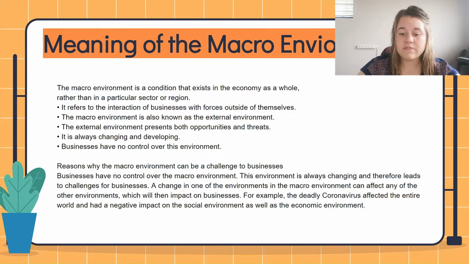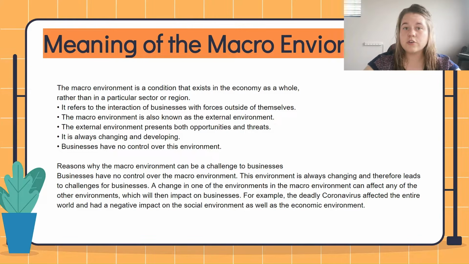A change in one of the environments in the macro environment can affect any of the other environments, which will impact the business. So for example, we're looking at the coronavirus, right? This affected the entire world as a whole. Because of that, it had a negative impact on the social as well as the economic environment.